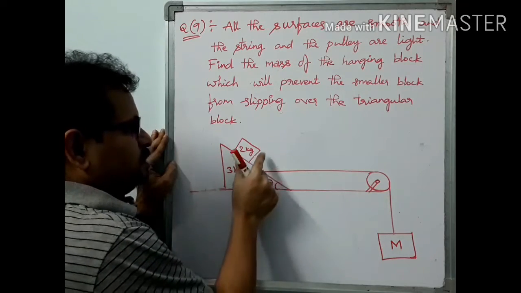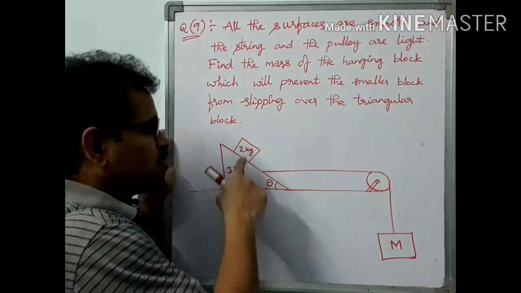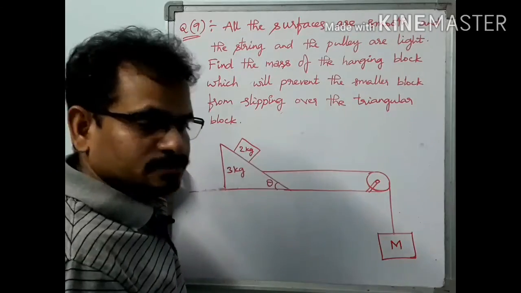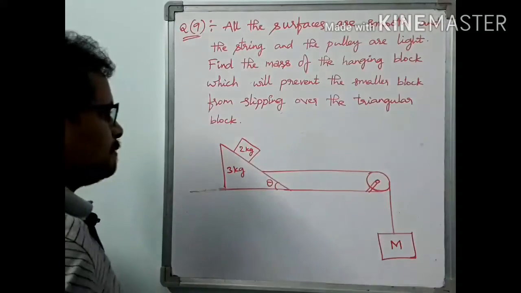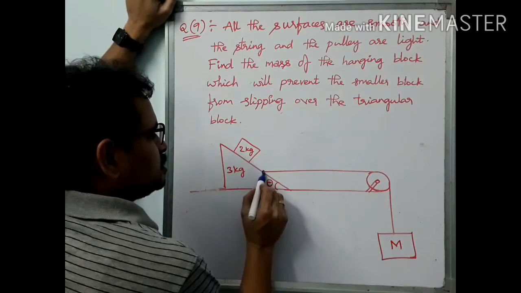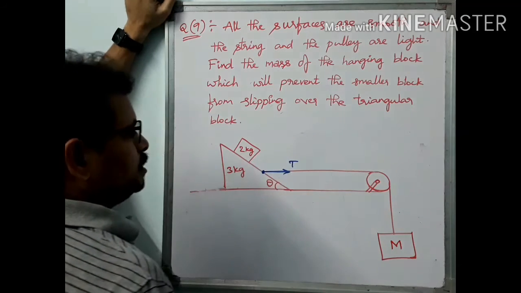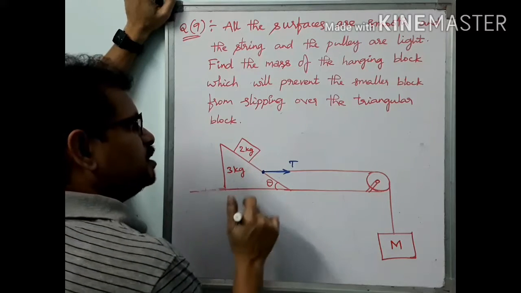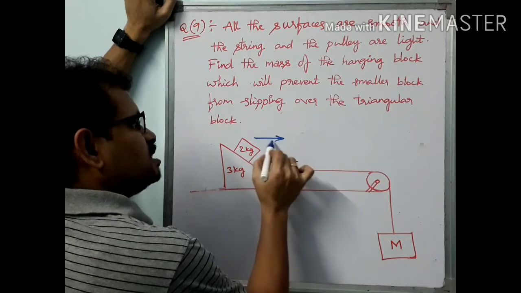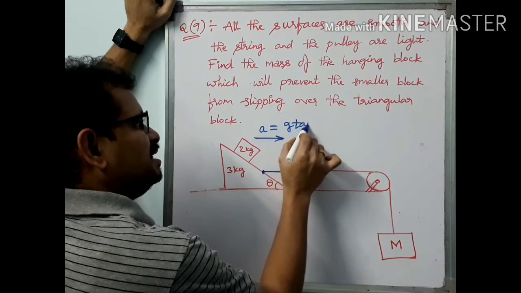So here, a force must be pulling this wedge rightwards to see that the 2 kg block does not slip down. What is that force? That is a tension force. And you know, in this case, if this block does not slip down, it has a horizontal acceleration given by g tan theta.